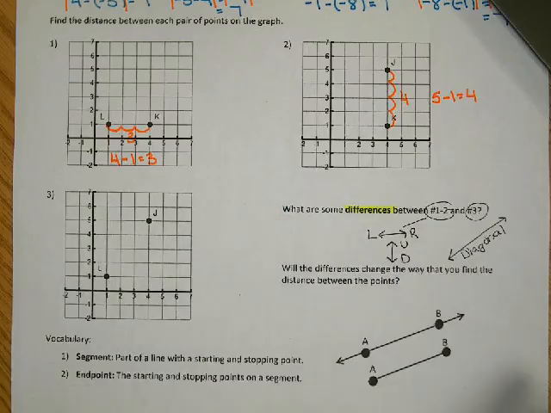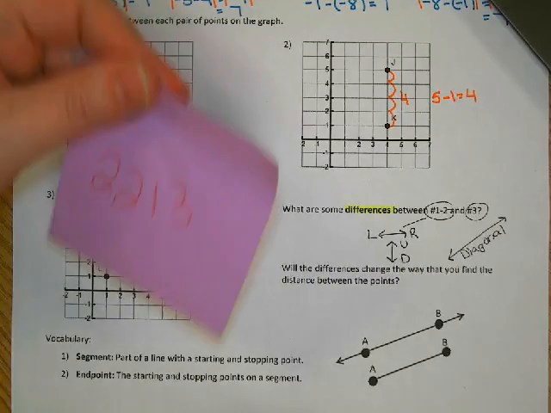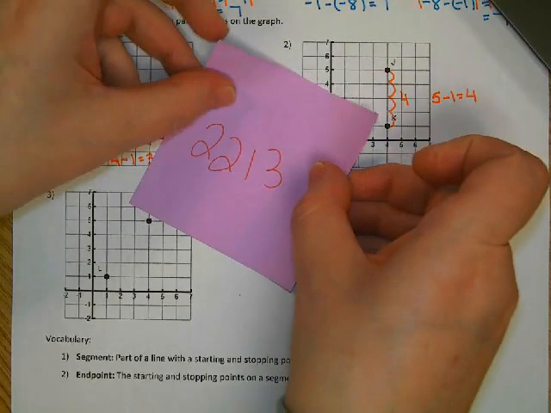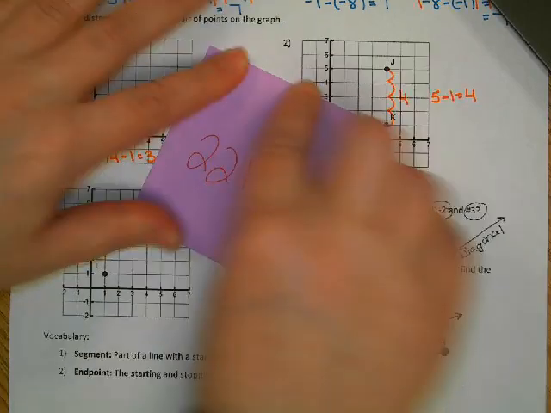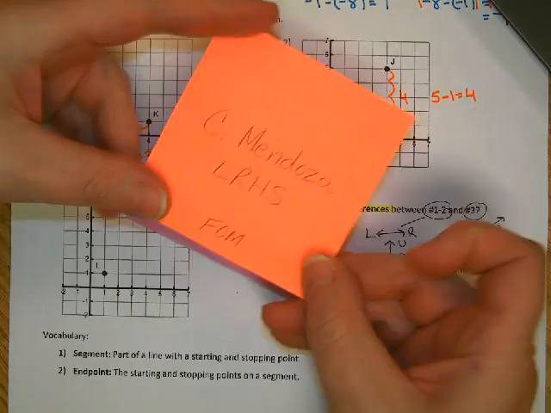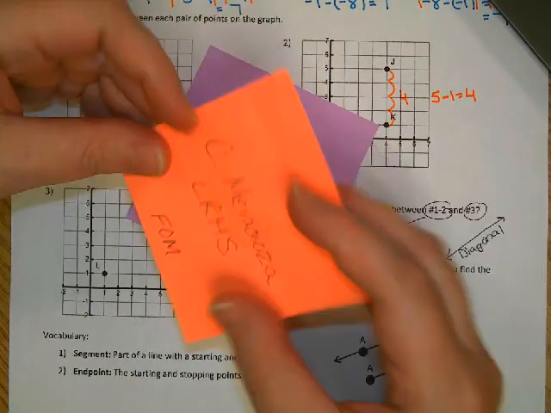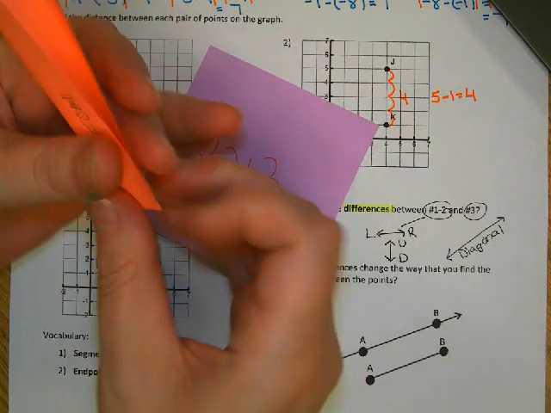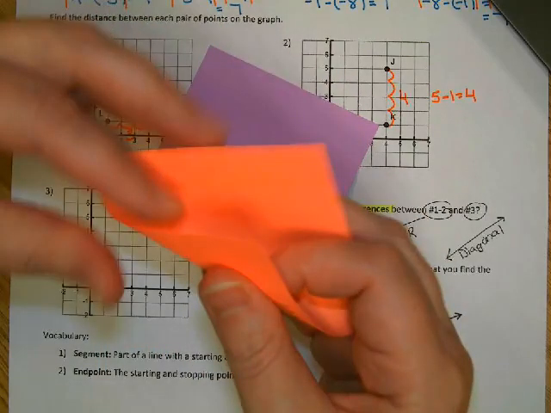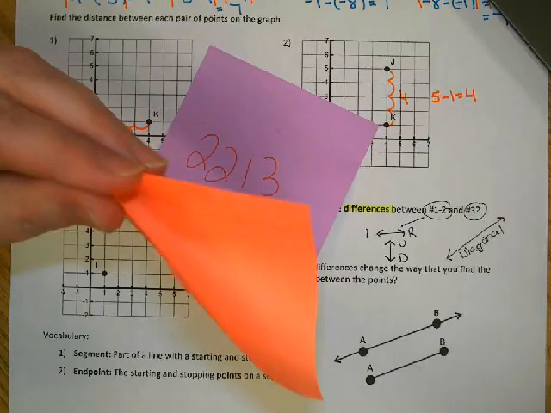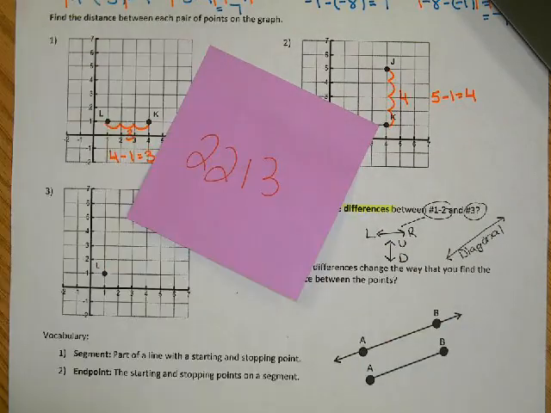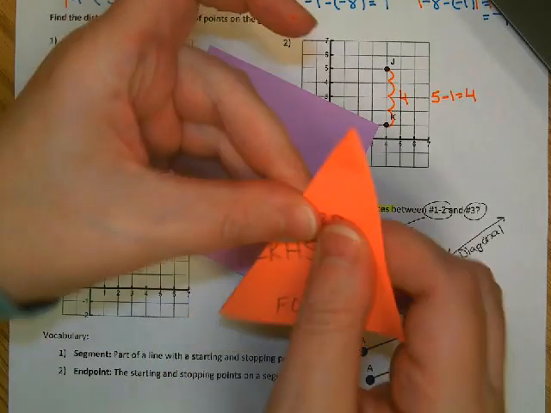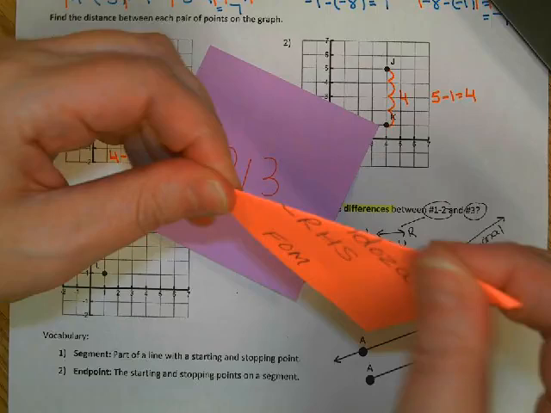Okay, so I have 2 squares here. Here's 1. Here's 2. Okay, now the diagonal of the square is this, right? I folded it down.